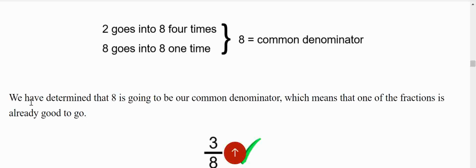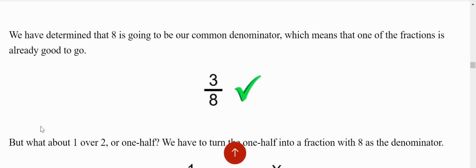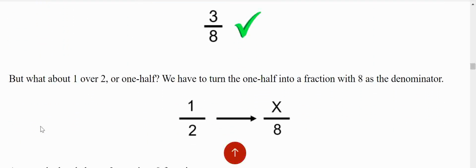We have determined that 8 is going to be our common denominator, which means that one of the fractions is already good to go. And that's 3 over 8. But what about 1 over 2, or 1/2?